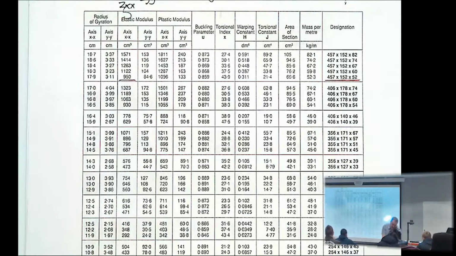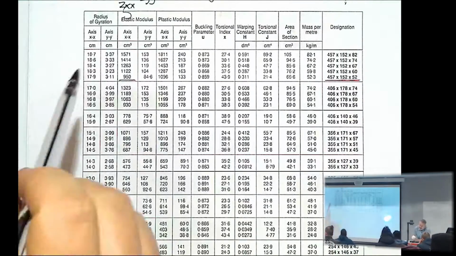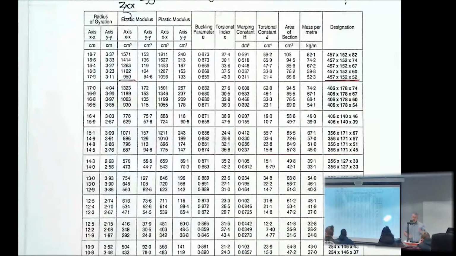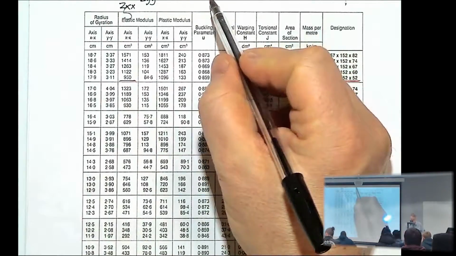You've also got a formula for the internal resistance: M equals stress sigma times Z. So this example is just using the elastic modulus, but you could use the second moment of area, your I value, and then your Y. Remember, your Y is the distance from the neutral axis to the furthest point.